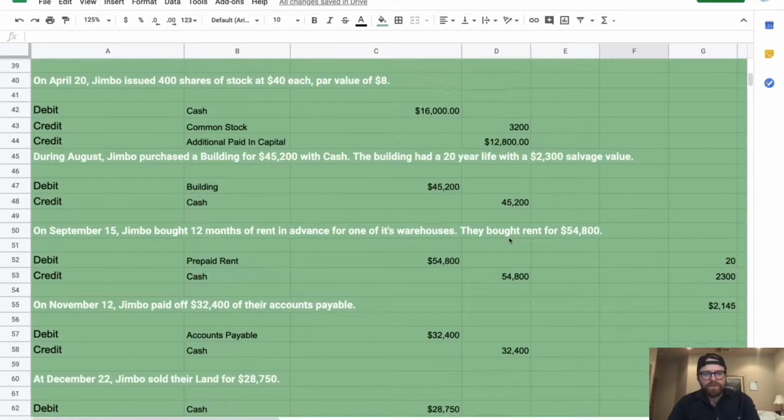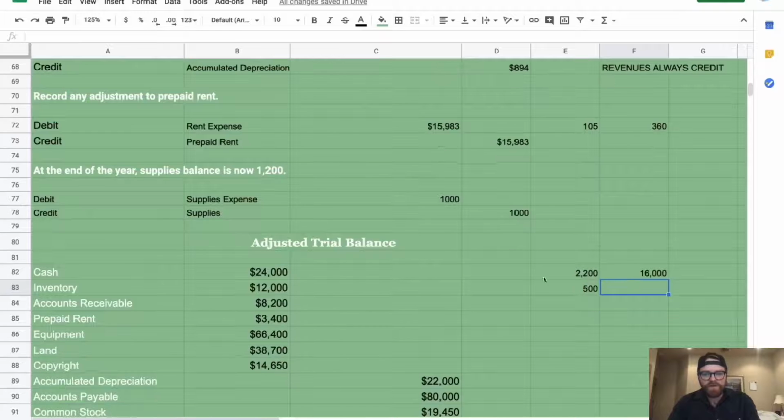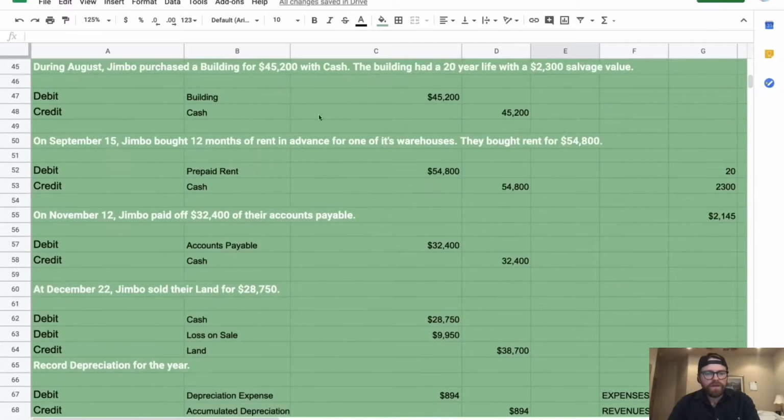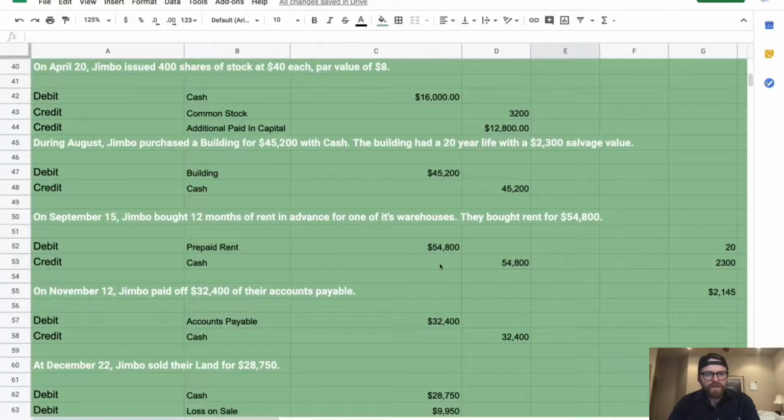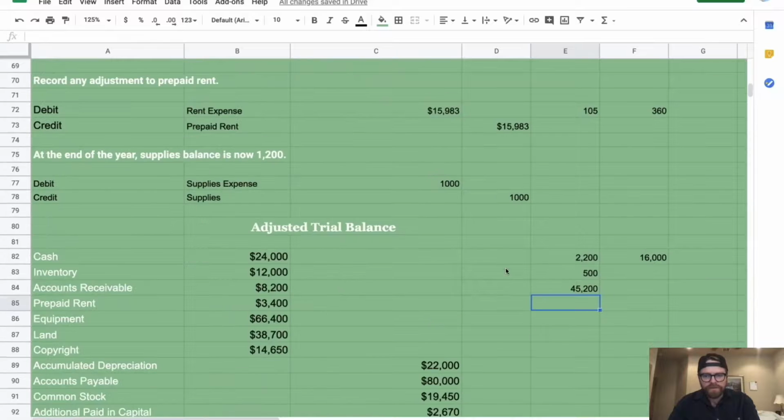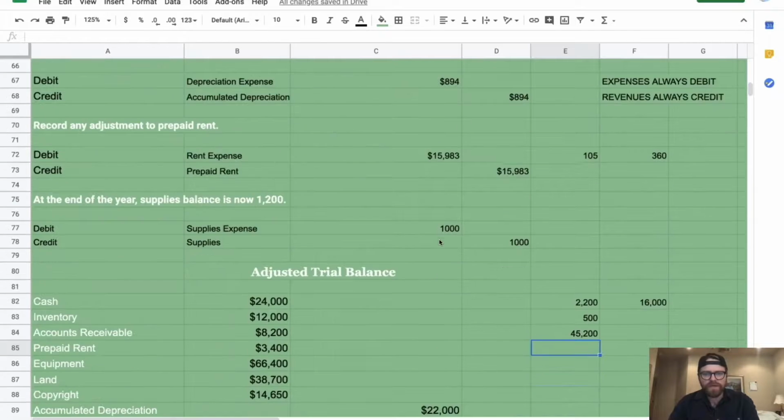Okay, we paid for building 45,200, and then right here we paid for rent. So also, what was that, 54,800.